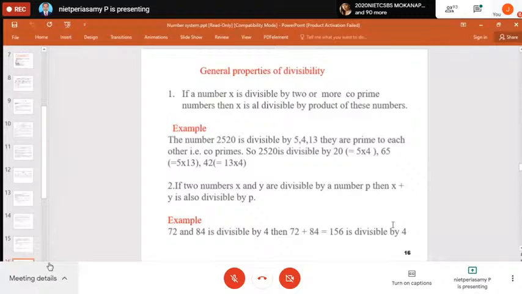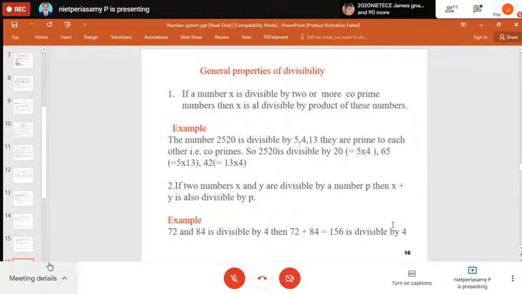For example, 2520 is divisible by 5, 4 and 13, and also these 3 numbers 5, 4, 13 are co-primes, or prime to each other. Then 2520 is divisible by 5 into 4, which is 20, 5 into 13, which is 65, and also 13 into 4, which is 52. That is the first property of divisibility.